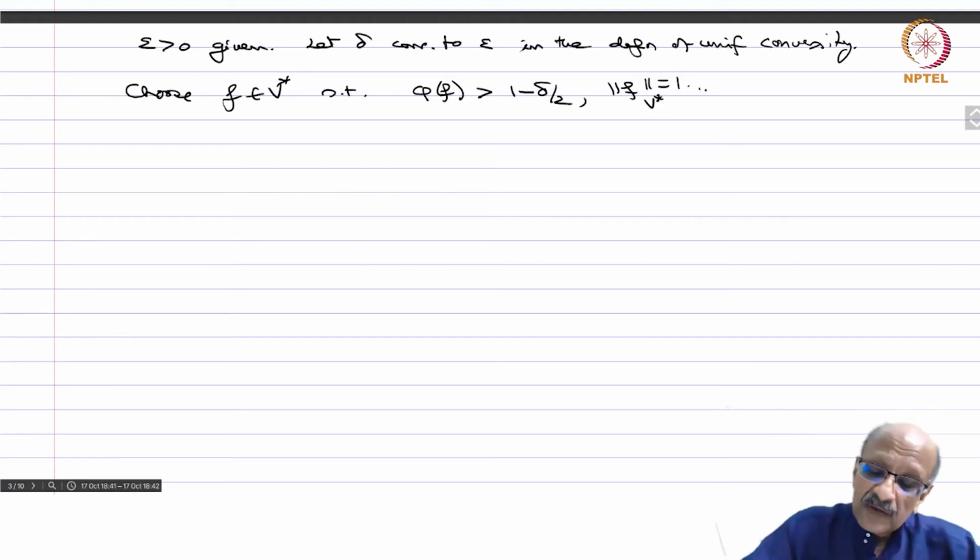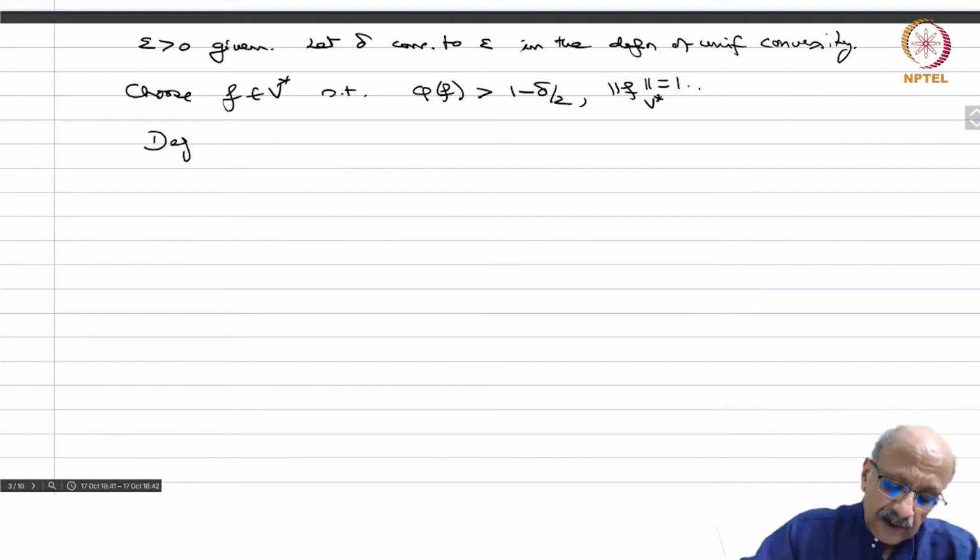So norm f in V star will be 1, because what is the norm of phi? It is the supremum of phi f, or mod phi f if you like, but phi f and phi of minus f together give you mod phi f. So the supremum of phi f over norm f equal to 1 will be equal to 1. So you can always find an f such that phi f is bigger than 1 minus delta by 2.